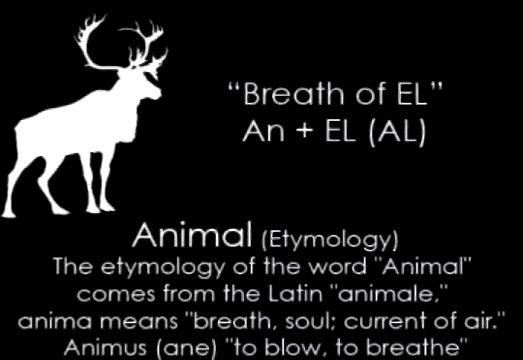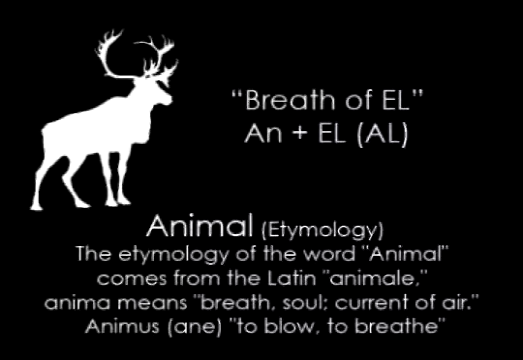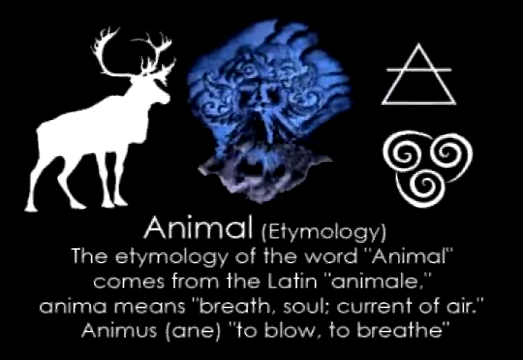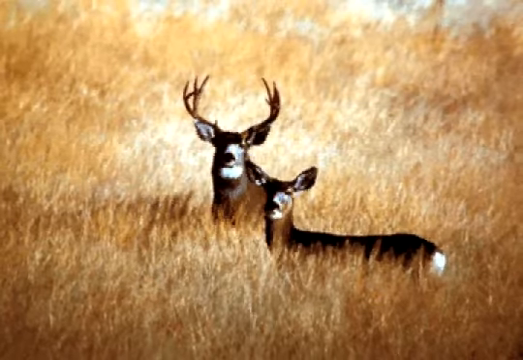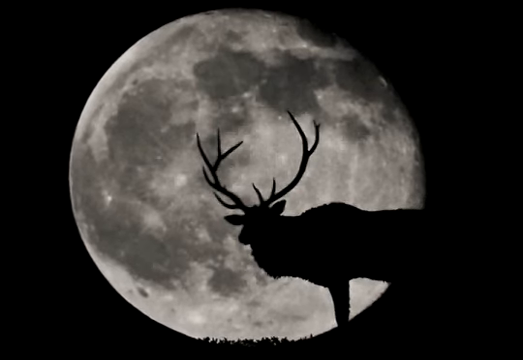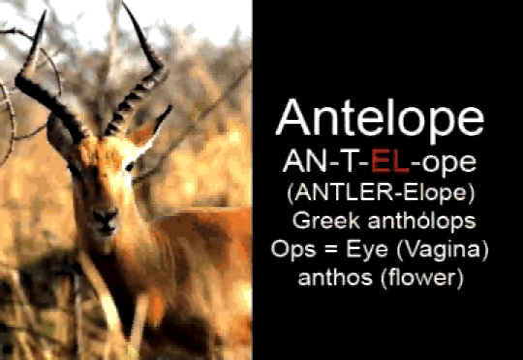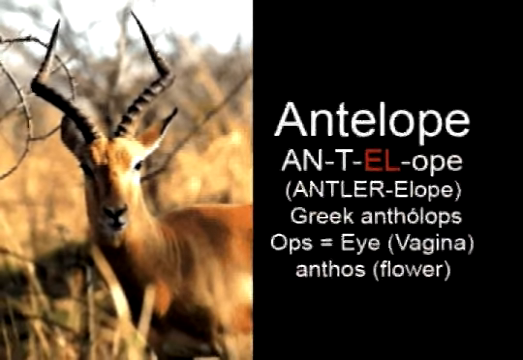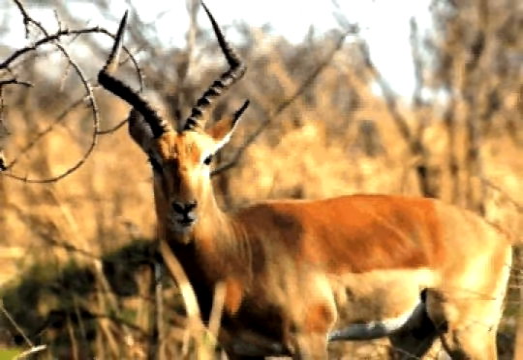And you'll notice when you look up the etymology of the word animal, or the breath of El, they show you a picture or refer you to the deer, the elk, the horned one, the sacred horned one of the horny moon. And the antelope has antlers that are anti or opposing one another.